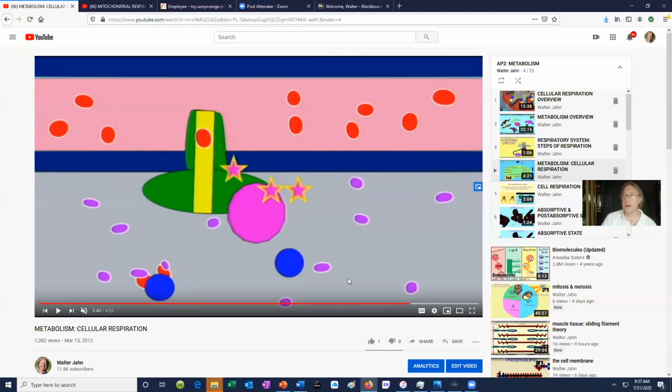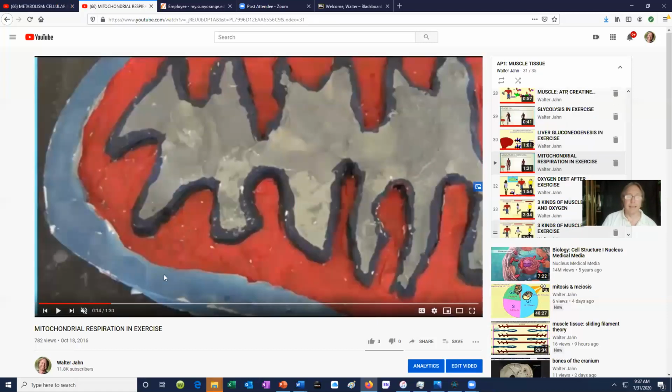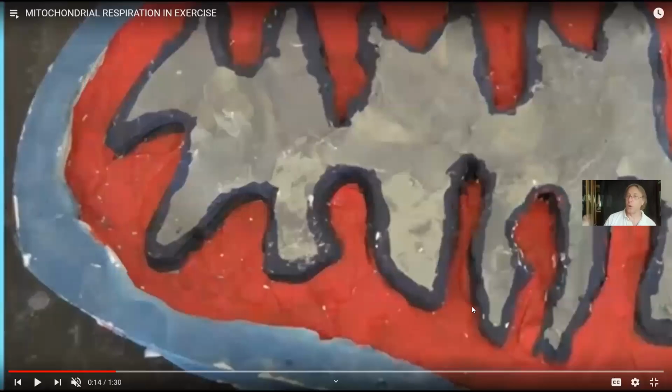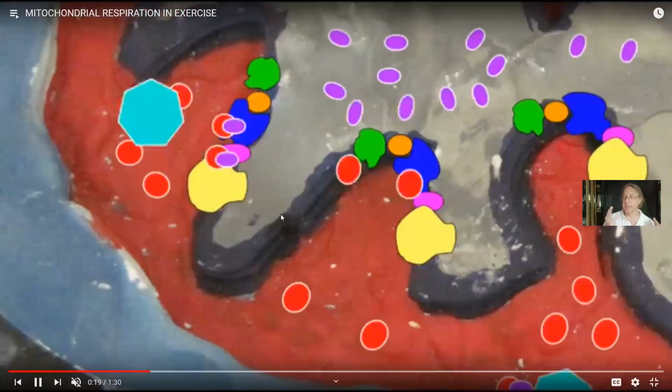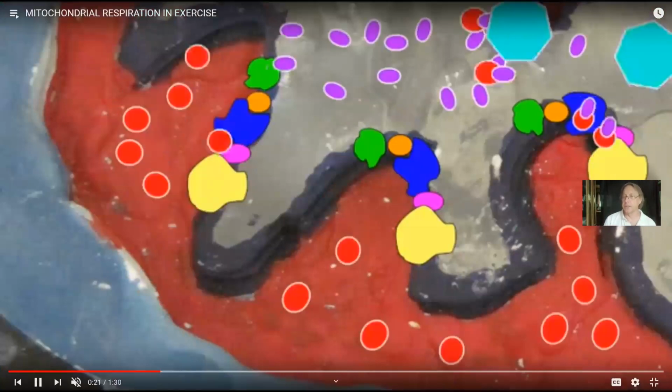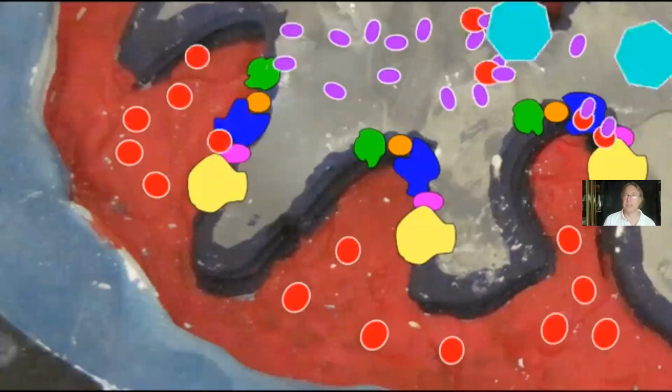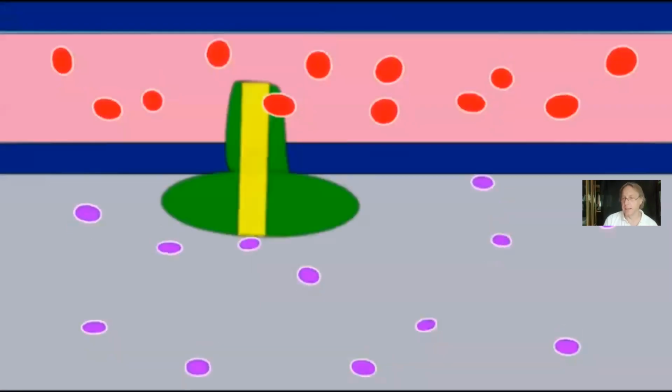And this is why, if I don't want to build up lactic acid, if I want to break pyruvate down completely and get a whole lot of energy, the only way that works is if I'm getting oxygen. So this part of the process, mitochondrial respiration, requires oxygen, unlike glycolysis.